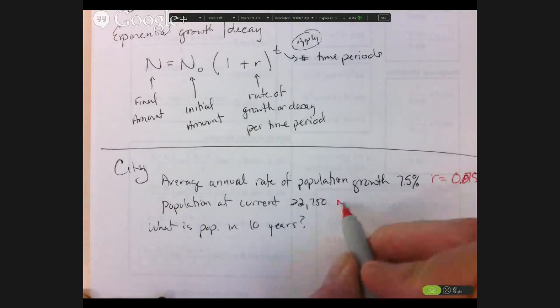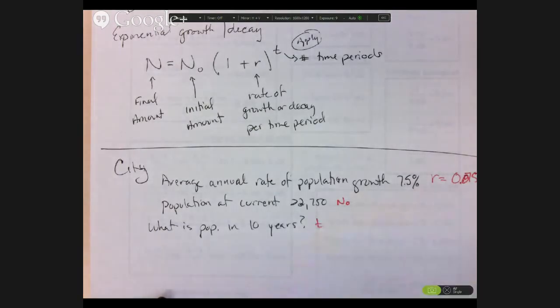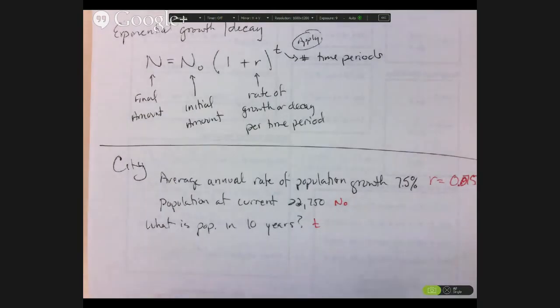This is N0, and this will be T. This one's pretty straightforward.